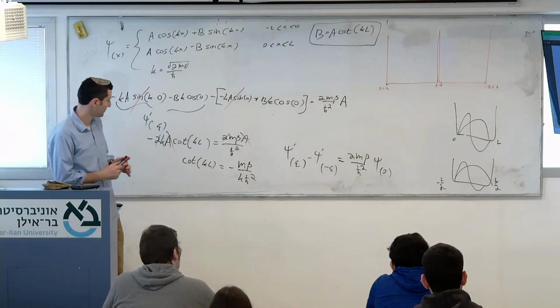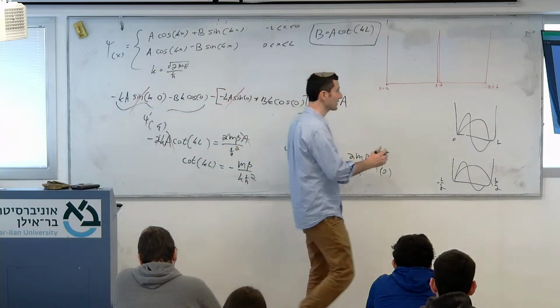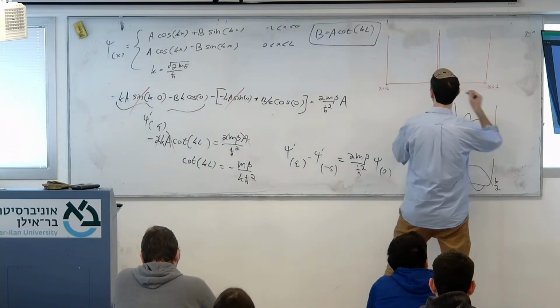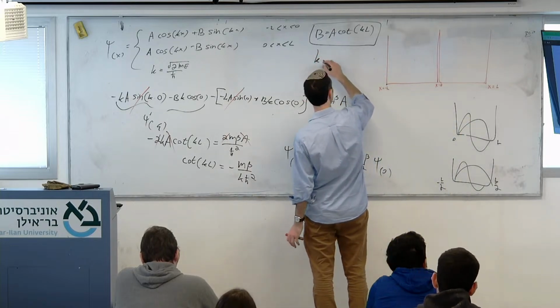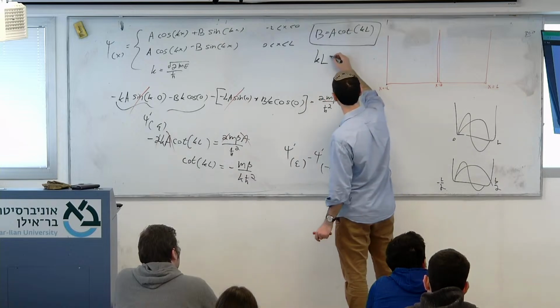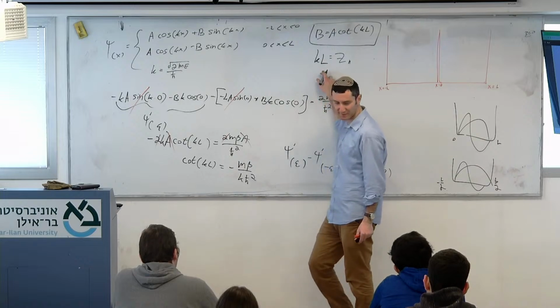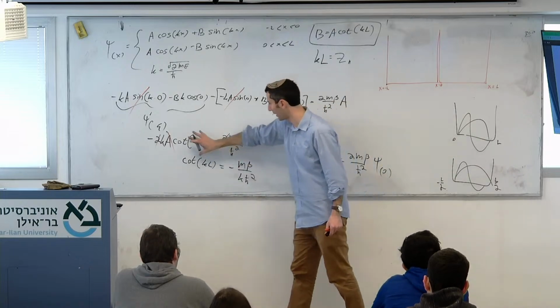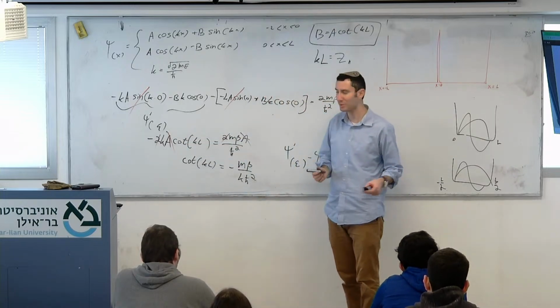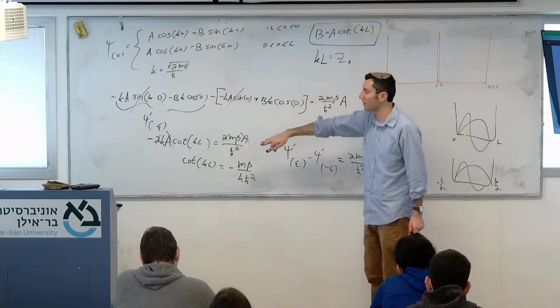Let's write those solutions as KL equals Zn. This is a dimensionless thing, right? In general, when I have something inside a cotangent, I expect it to be dimensionless. Also here, I know that Kx is dimensionless, so Zn are my numerical answers of this.